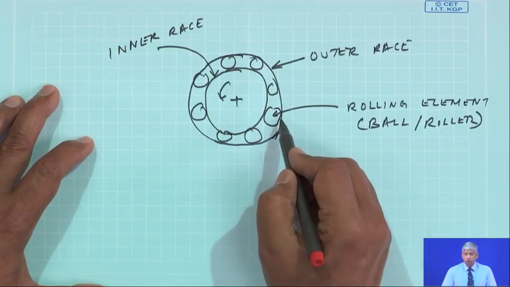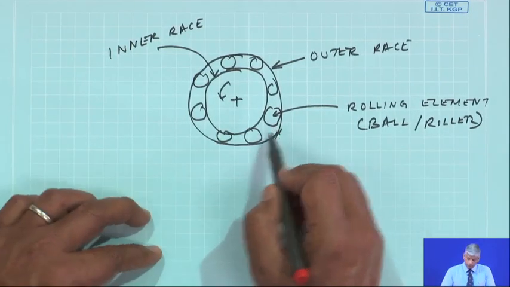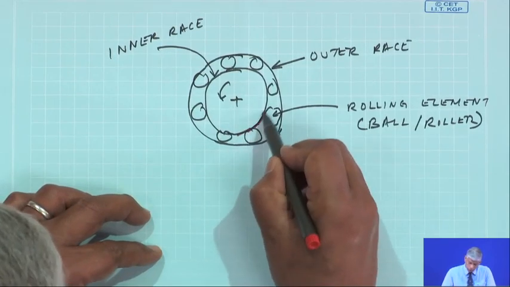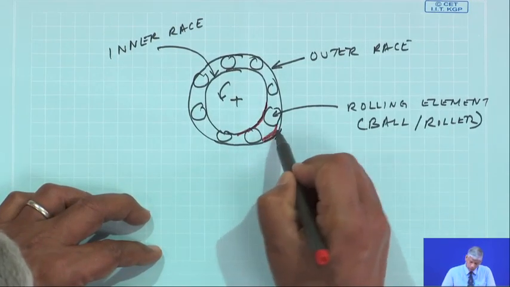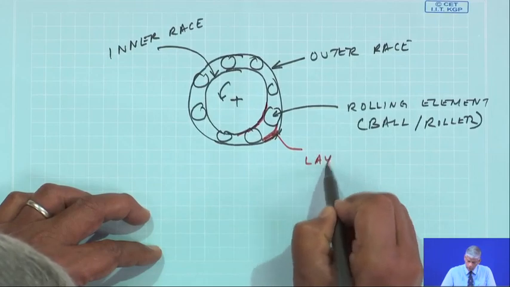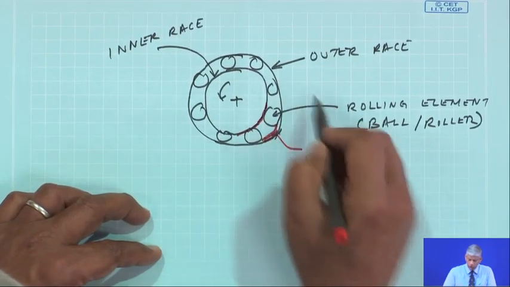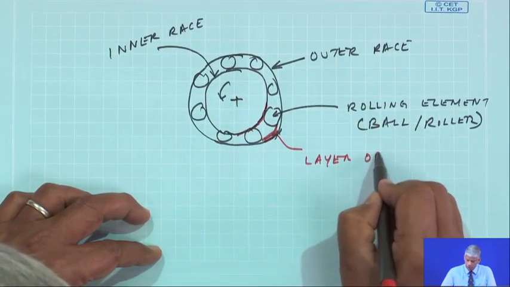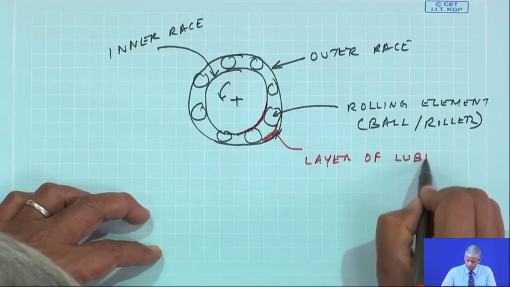What happens, because these are all very hard, nice surfaces, we have a lot of lubricant, a layer of, of course, there is a retainer which I have not drawn, layer of lubricant.